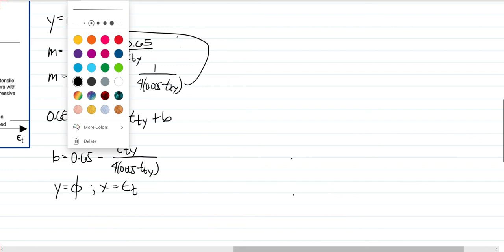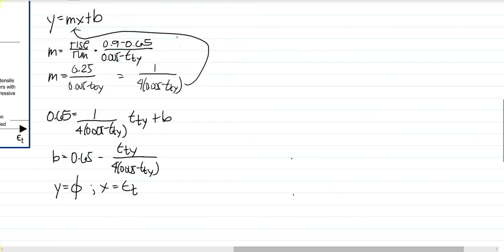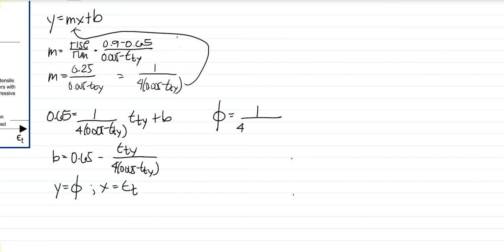So, that is, the reduction factor will be phi is now equal to, so, substitute natin yung m, which is 1 over 4 times 0.005 minus epsilon t sub y, times, substitute natin yung x, which is epsilon t, plus yung y-intercept natin, which is 0.65 minus epsilon t sub y over 4 times 0.005 minus epsilon t sub y.